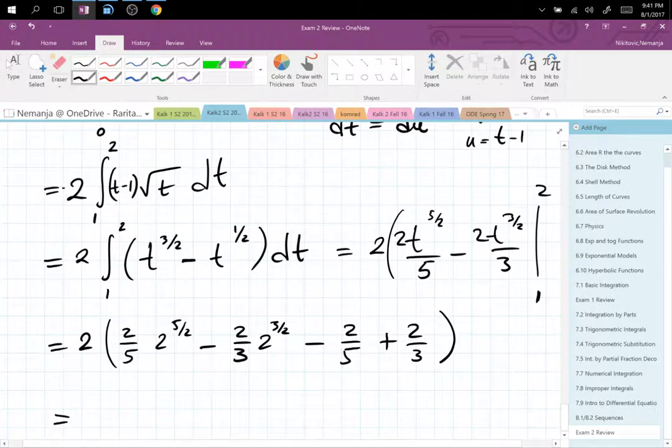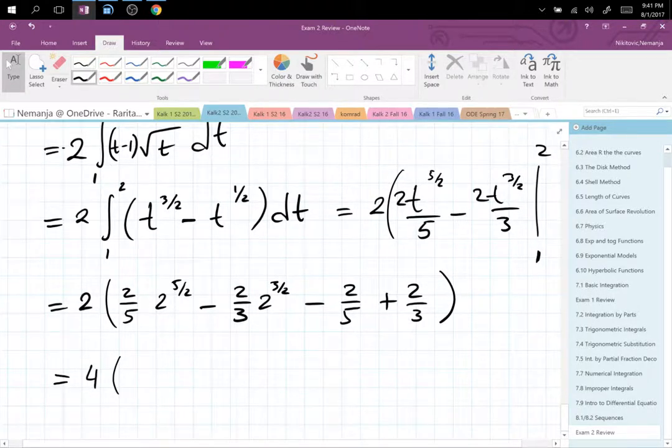So I'm going to kick 2 outside everywhere. So that's 4, 2 times 2 is 4. And then I have 2 squared times, because when you peel off 1/2, you're left with 4/2, which is 2. So I have 2 squared.